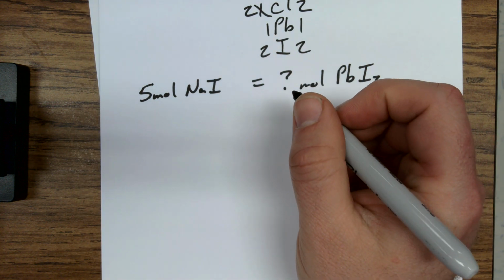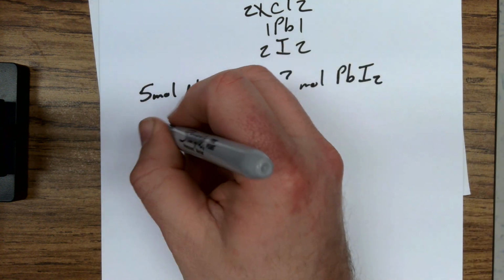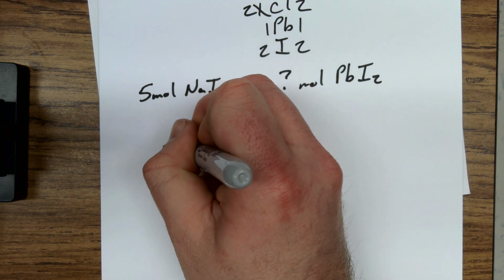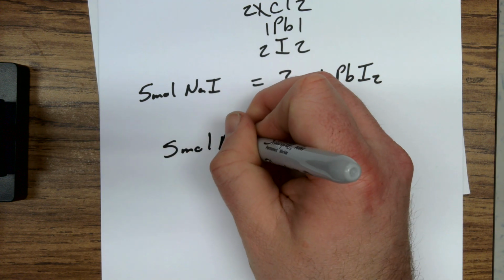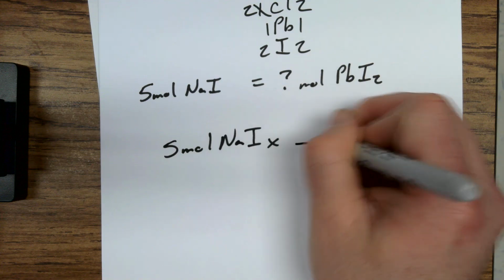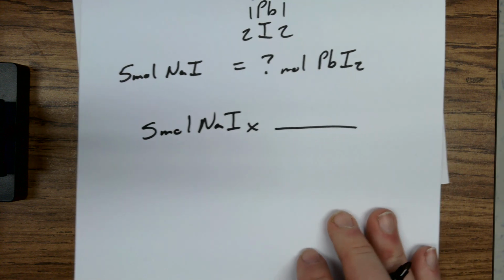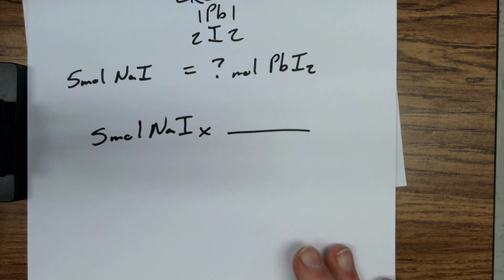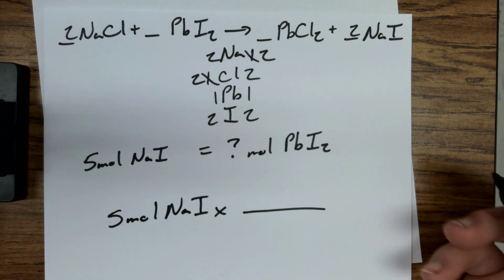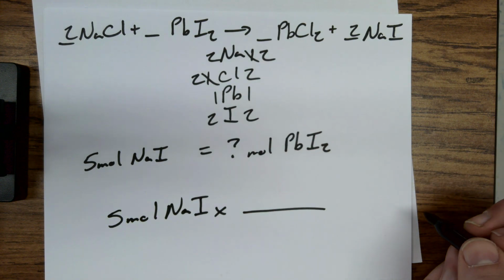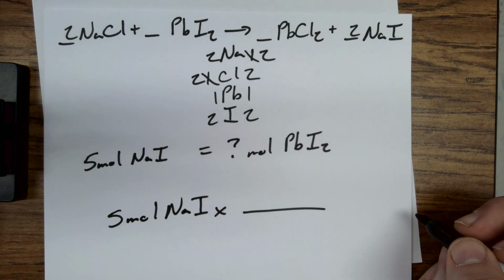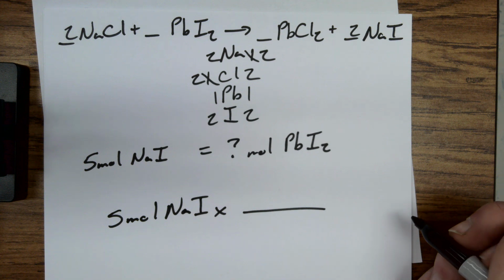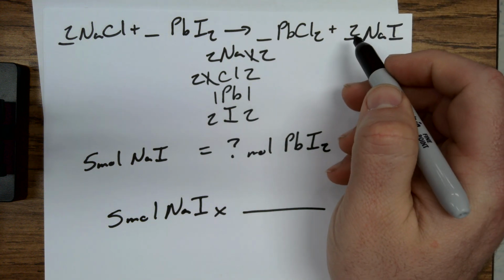It's already in moles. So step 4, 5 moles sodium iodide over my mole ratio. How many moles of sodium iodide do I have in my balanced equation? 2, right? Right there, my coefficient 2 in front of it.